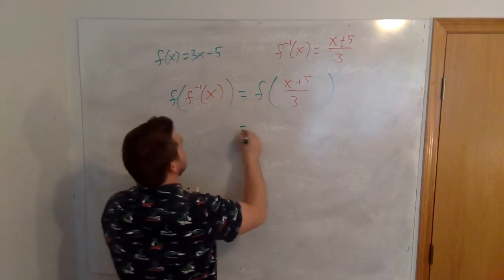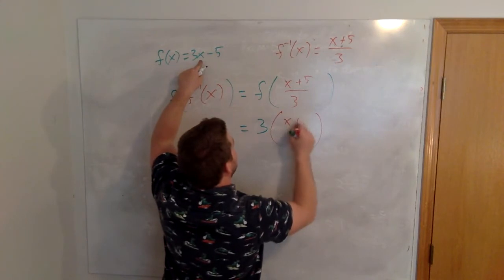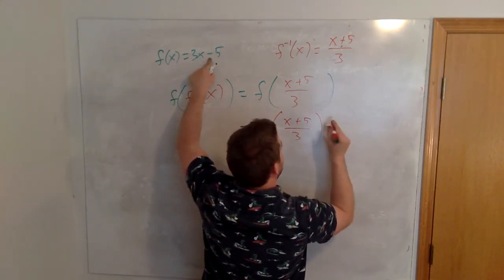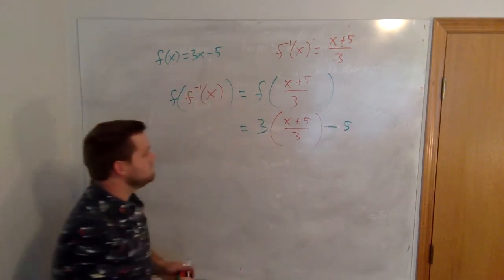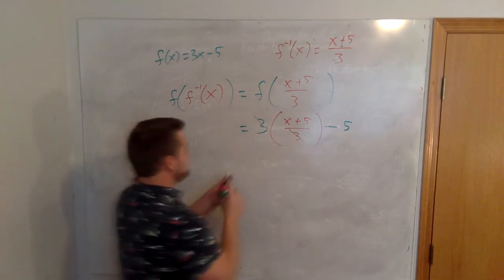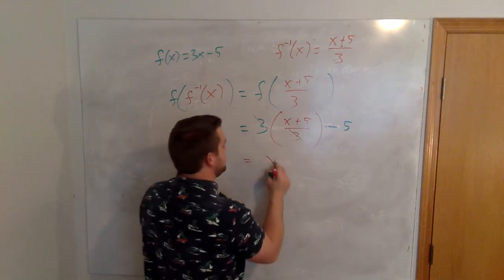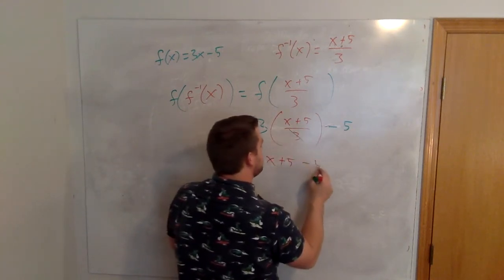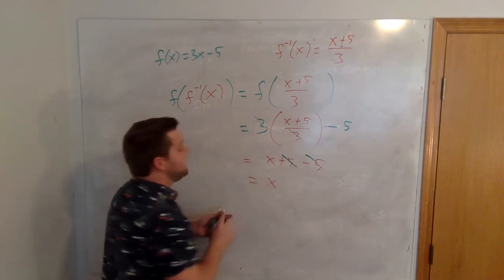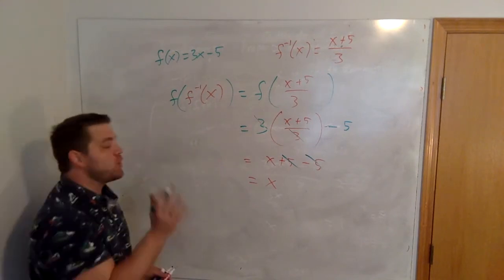So this is going to be equal to 3 times x plus 5 all over 3, minus 5. Notice that these 3's cancel each other out, and we're just left with x plus 5 minus 5. These cancel each other out, and we're just left with x. They work! These functions undo one another. This is a great way to check your work.